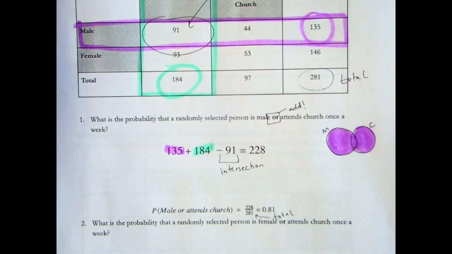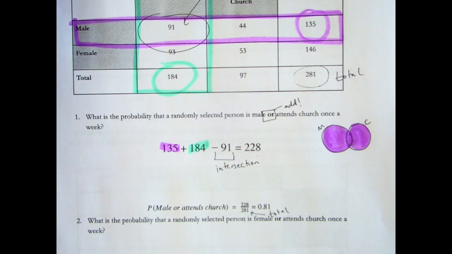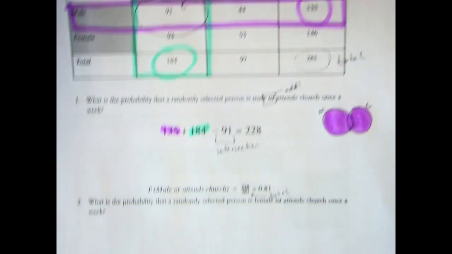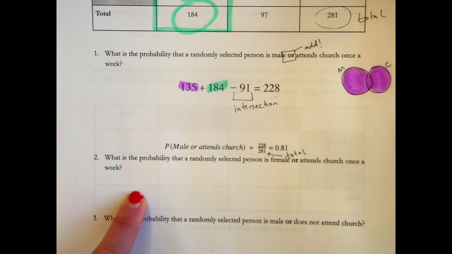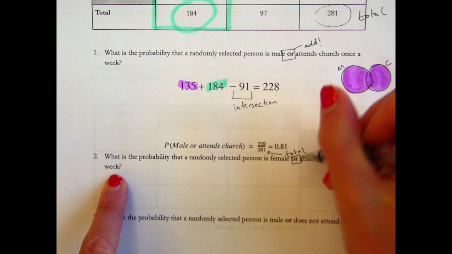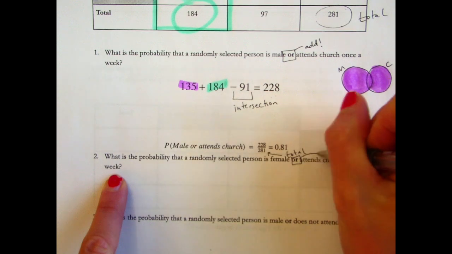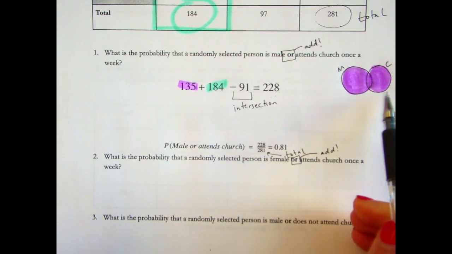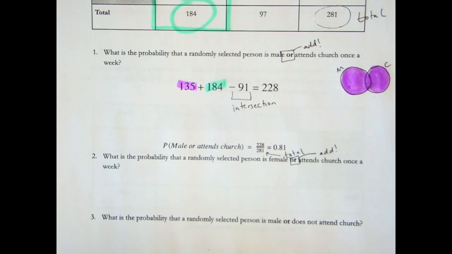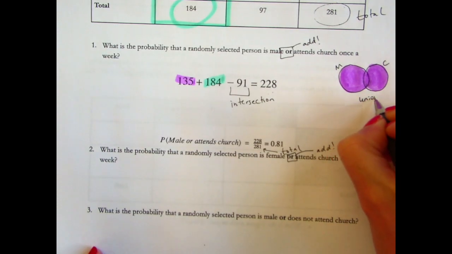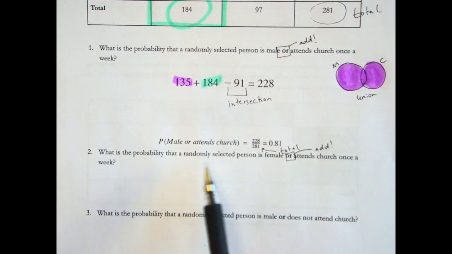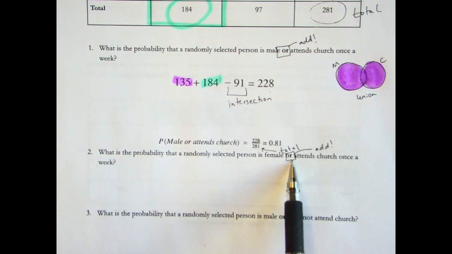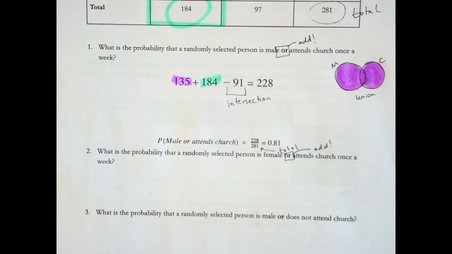So I'm going to repeat that again for question 2. Because I see the word "or," I'm going to be adding up two different totals to get the inclusive union, which is another word that you'll see. So a randomly selected person is female or attends church once a week. That means I'm going to be adding up the total females, 146, or attends church once a week.